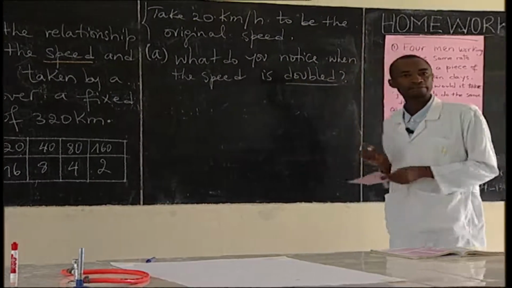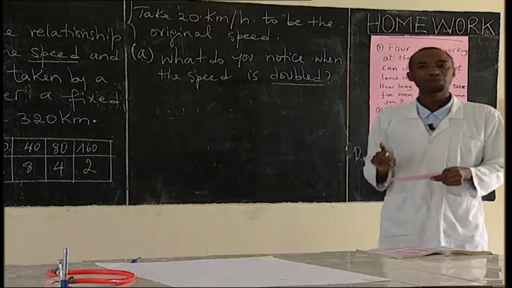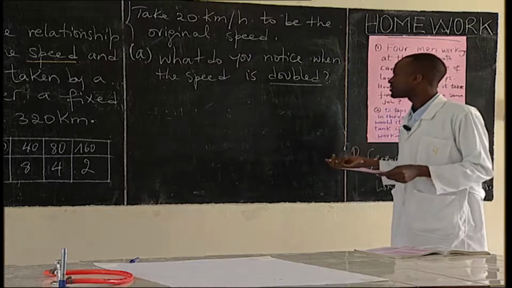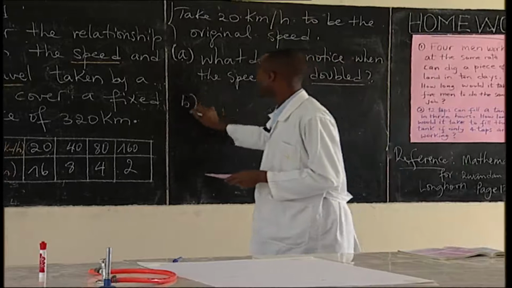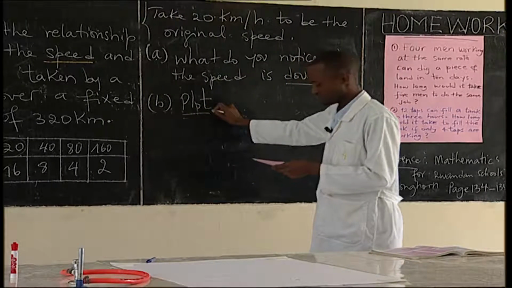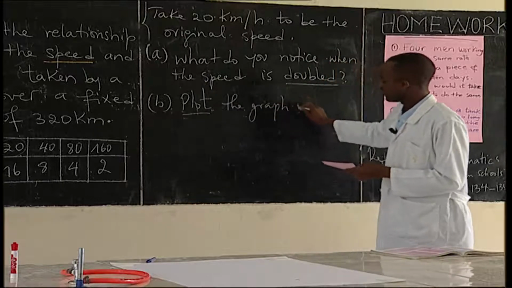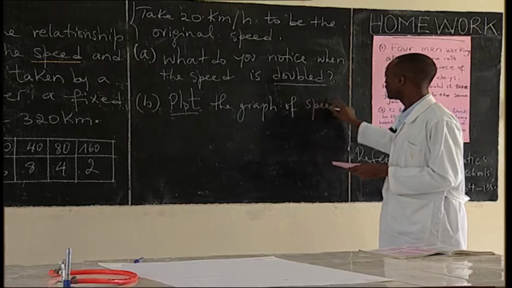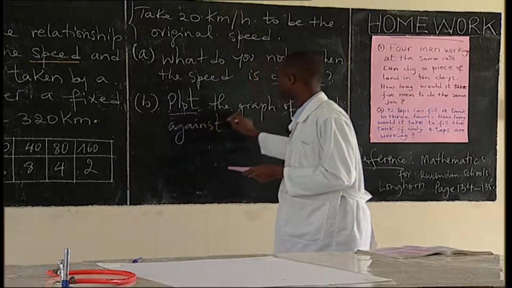Do you look at this? You are going to work on this activity, and at the end you will say, what do I notice if the speed is doubled? Number 2, you will have to plot the graph of speed against time.